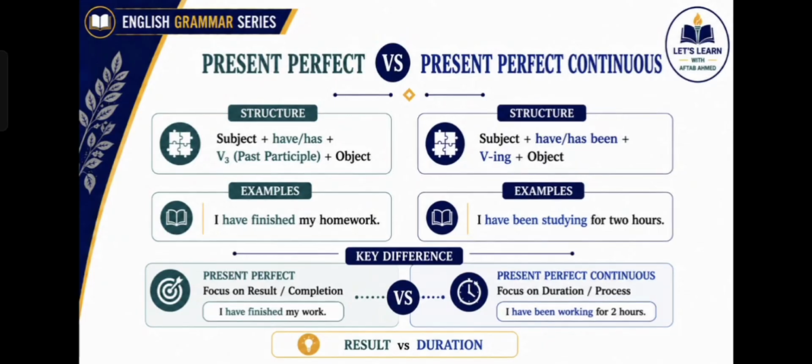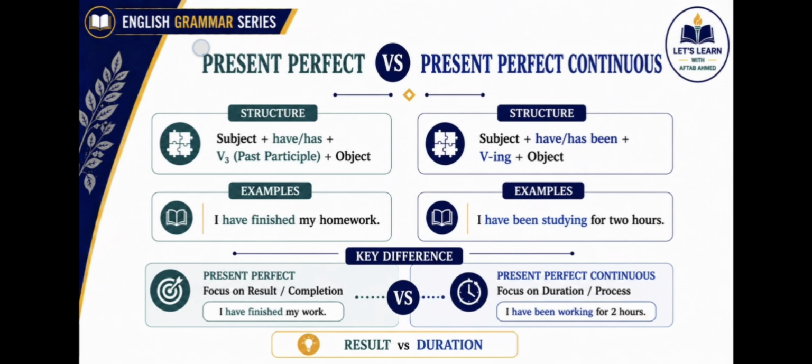Present perfect and present perfect continuous are two tenses very closely related, but they focus on different ideas. For example, "I have finished my homework." Here, the focus is on completion and the result. "I have been studying for 2 hours."